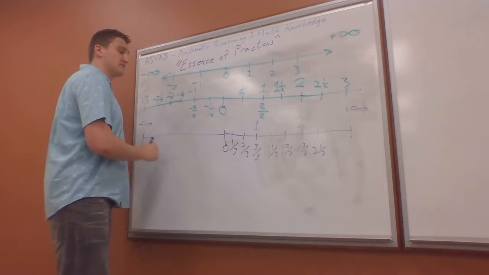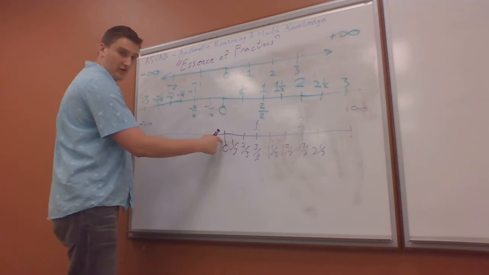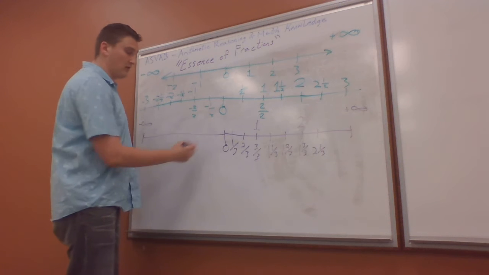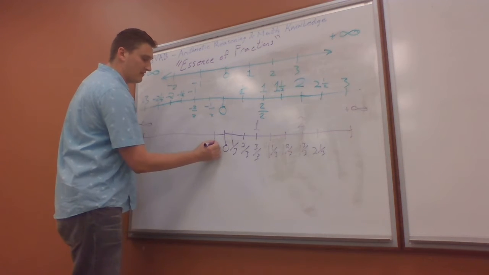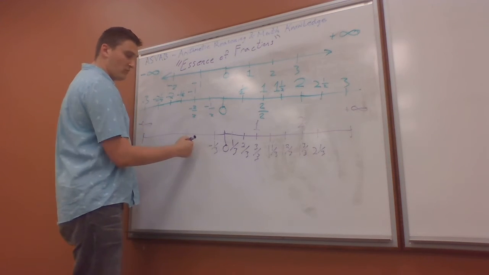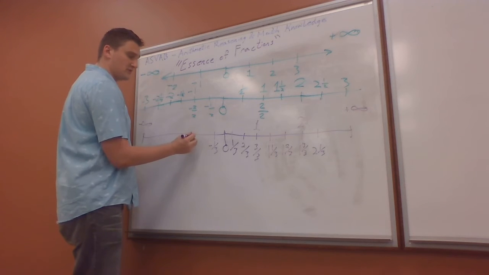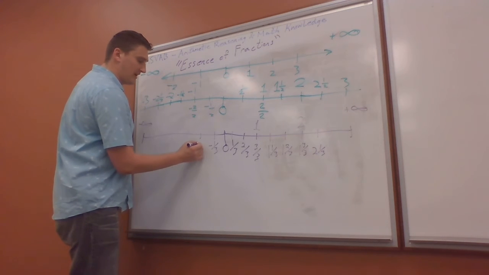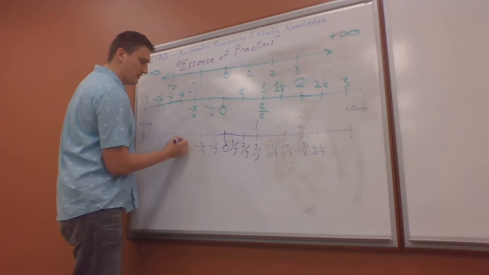Same applies for negatives here. 1/3, the opposite direction from 0, I'll be at -1/3. One more third this way towards -infinity would be -2/3.